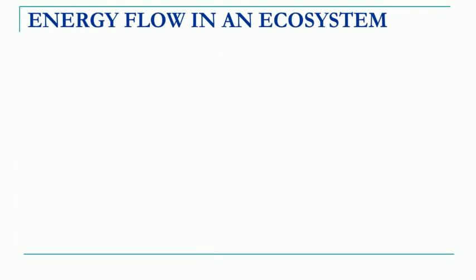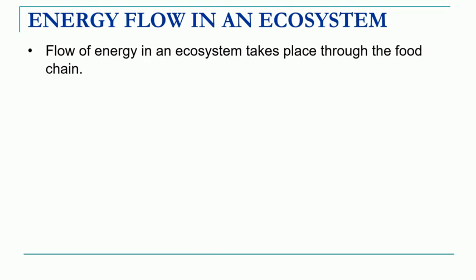Now we come to the last part of today's discussion, that is energy flow in an ecosystem. For any ecosystem, the ultimate source of energy is the sun, and flow of energy in any ecosystem always takes place through the food chain.